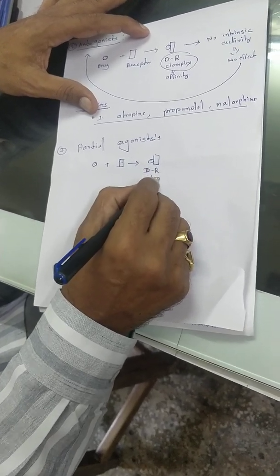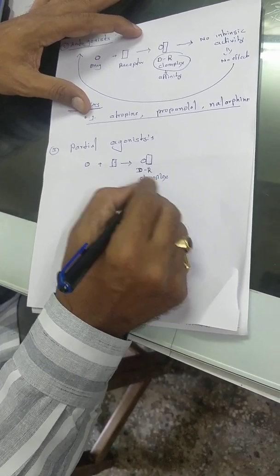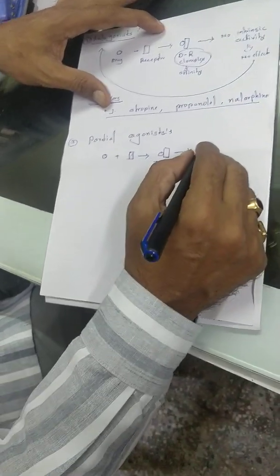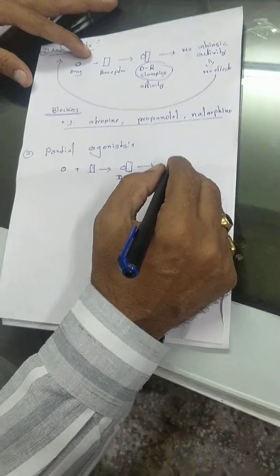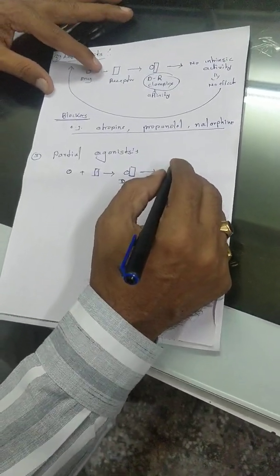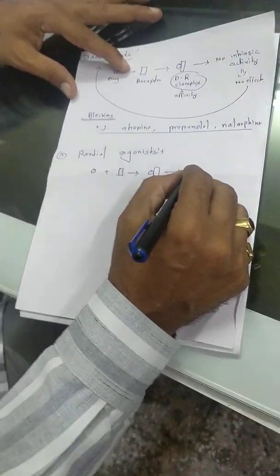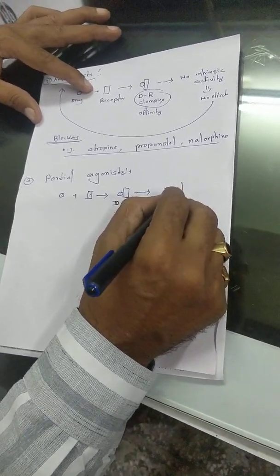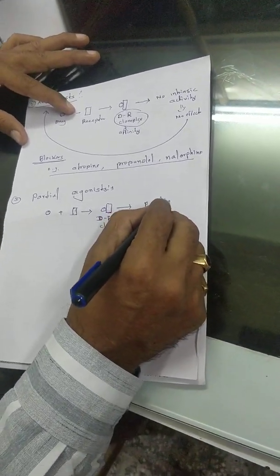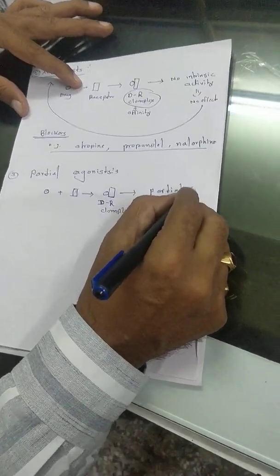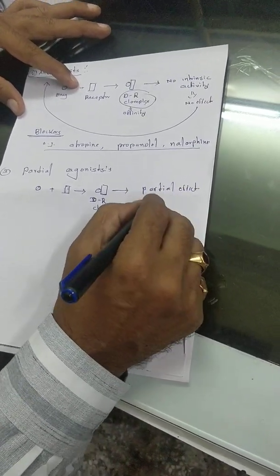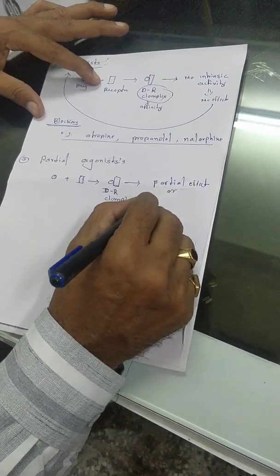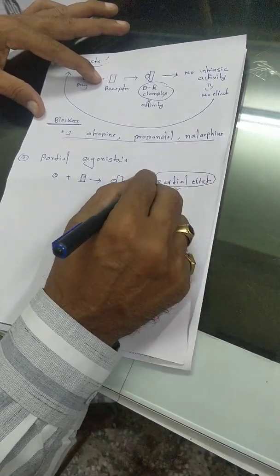They form a complex because of affinity, and afterward they generate a partial effect. The word partial is not scientifically right, but it is for understanding purposes.